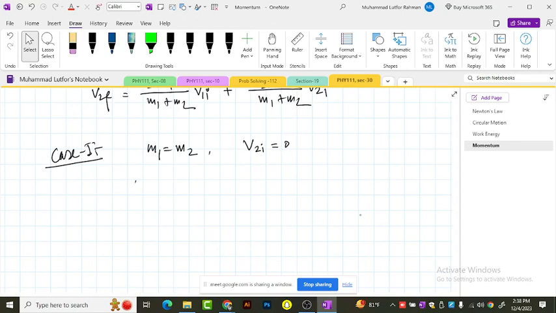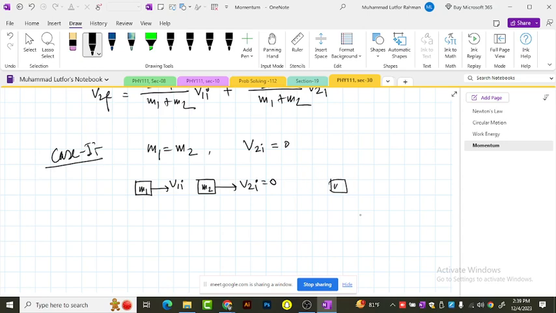Which means I have two equal masses. Let's say this is M1, which is moving at a speed V1I, another object is M2, and V2I actually is 0. Then what will happen after the impact? What should be their velocity, or which direction will they move?